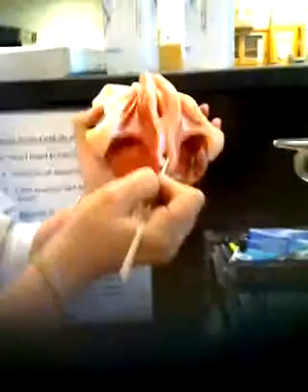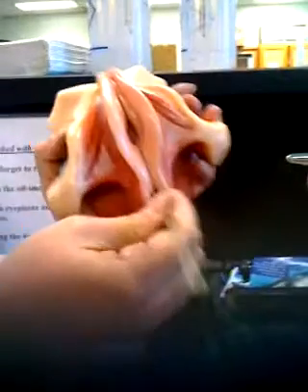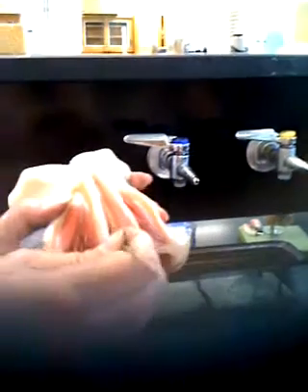Then this hole behind the labia majora is the anus. So from anterior to posterior, at first we see the clitoris, the hole of the urethra, the hole of the vagina, and the hole of the anus.